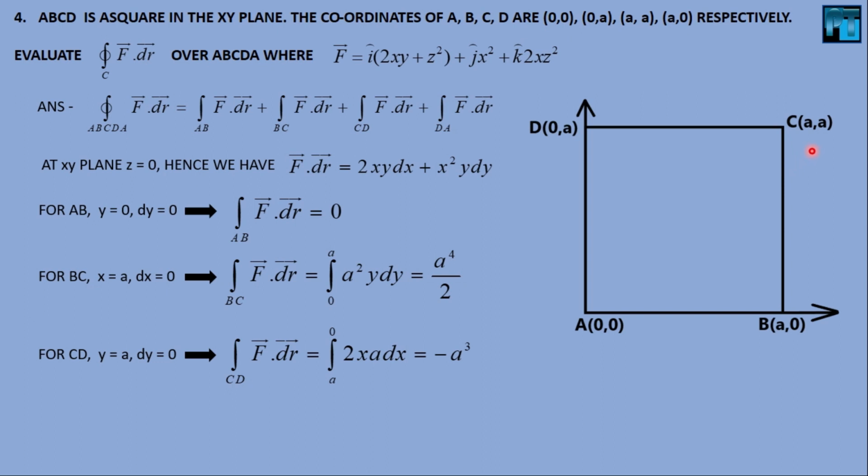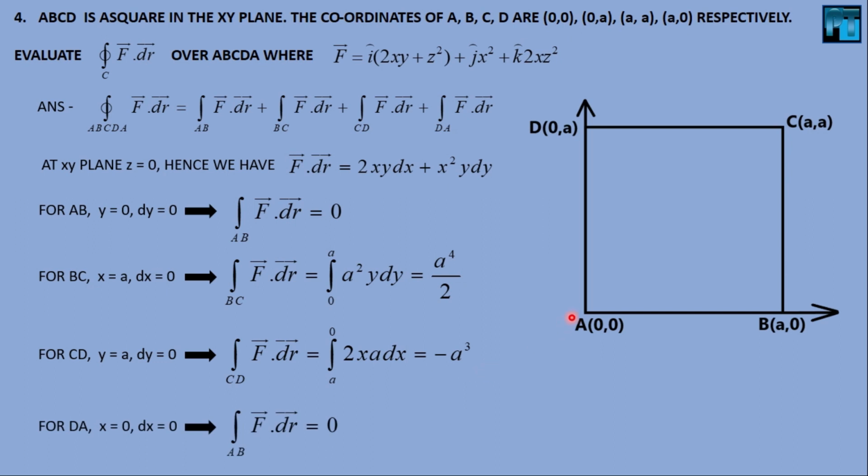Listen carefully, x changes from a to 0, not the so-called 0 to 1 or 0 to a type transformation. So the limit is a to 0, this dy is equal to 0, we have 2xa dx, and the value is minus a cube.